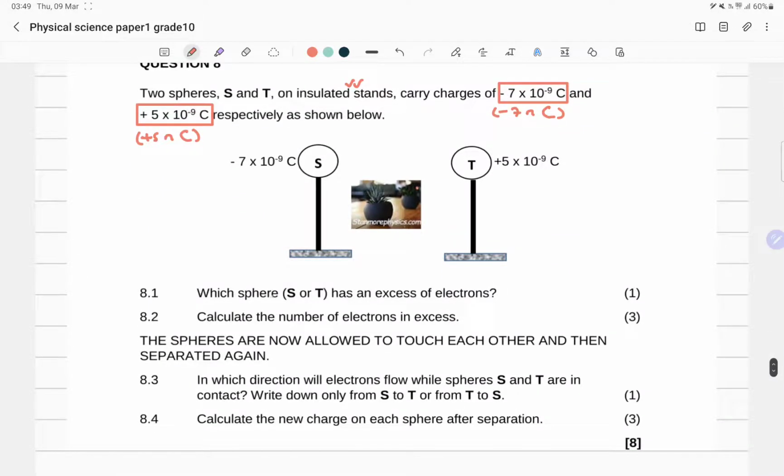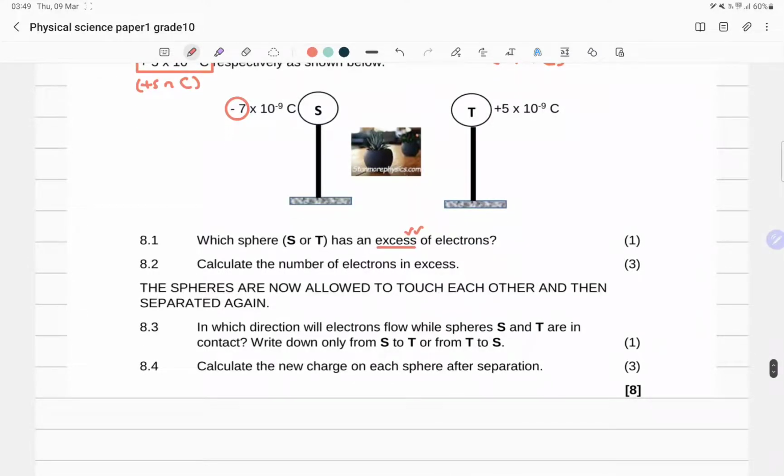Alright, so we're told here which sphere S has an excess of electrons. If it has an excess of electrons, it is negatively charged. So it's already going to be sphere S because the charge is negative. Alright, and that means there's extra electrons, right?